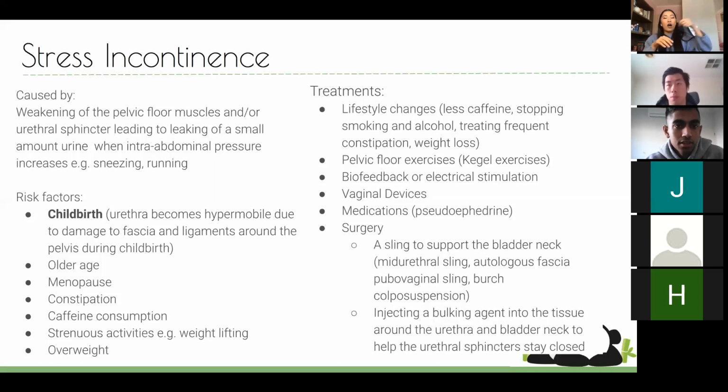So you're sort of helping them out a little bit. Another option is a bulking agent, to constrict the area a little bit to help maintain continence again. But those are all technical, you don't have to know too much about them.